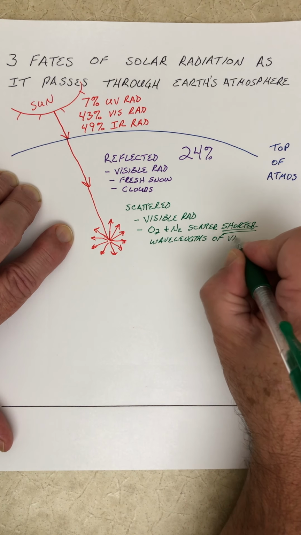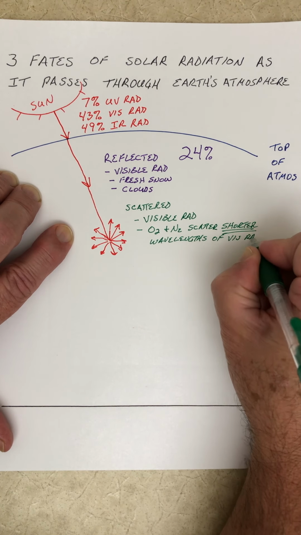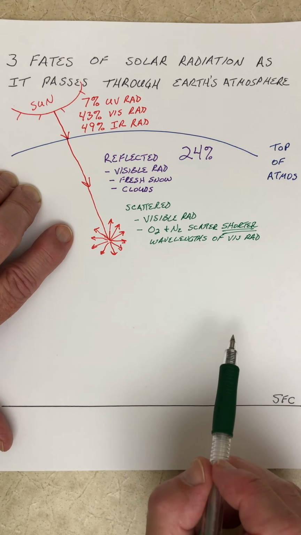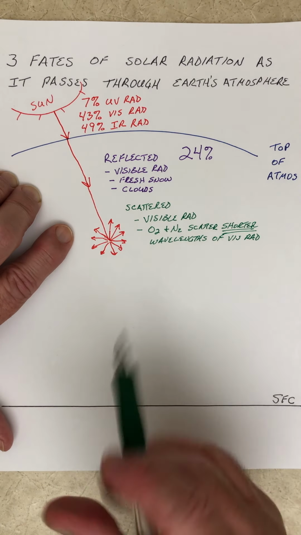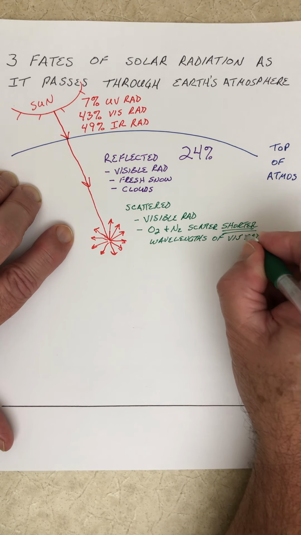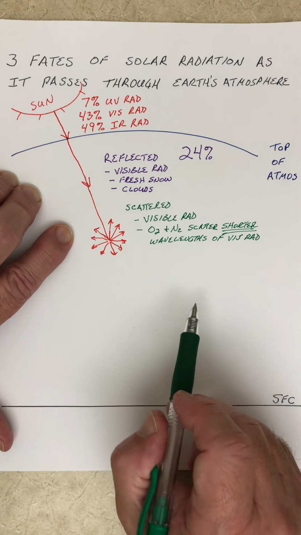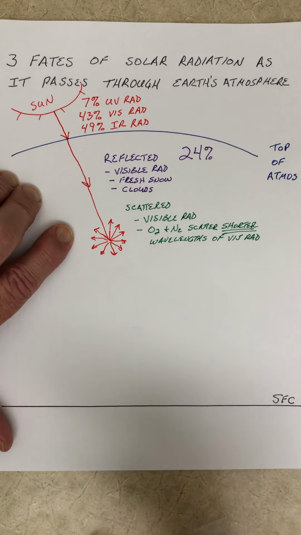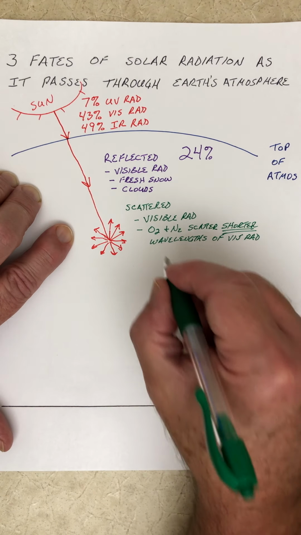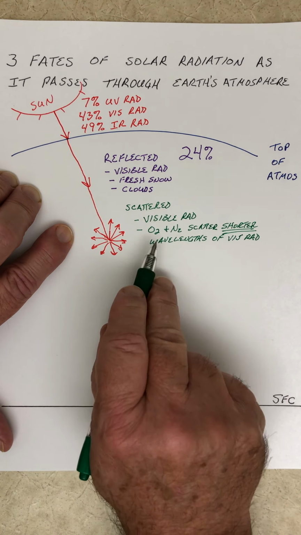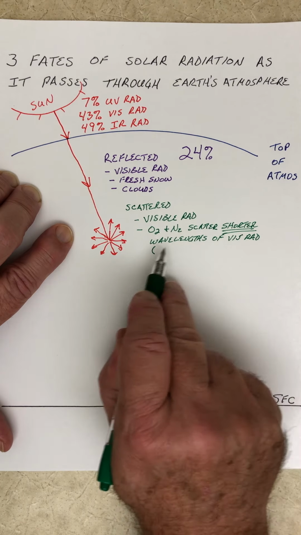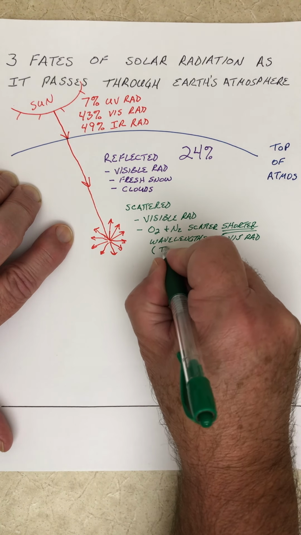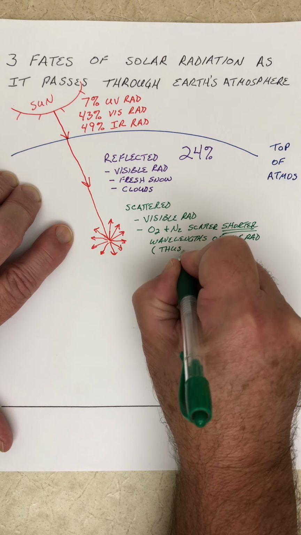So remember that when we look on the range of visible radiation, what are the colors that are on the shorter range in terms of wavelength? The shorter ones are the blues. And so as a result, because oxygen and nitrogen like to scatter the shorter wavelengths of visible radiation, this explains why our sky is blue.